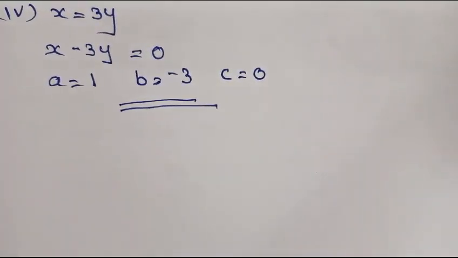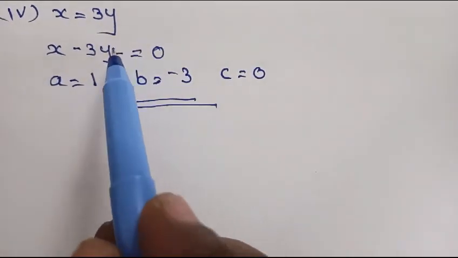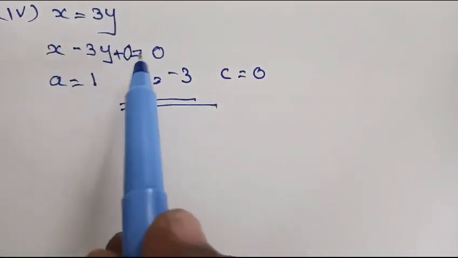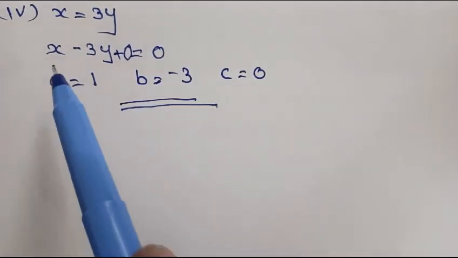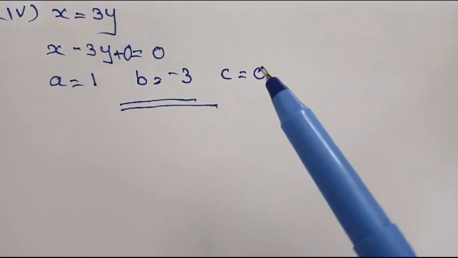Here the constant term is not there, so you can write plus 0 also: x minus 3y plus 0 equal to 0, or you can write x minus 3y equal to 0. Now comparing, a equal to 1, b equal to minus 3 and c equal to 0. Final answer.